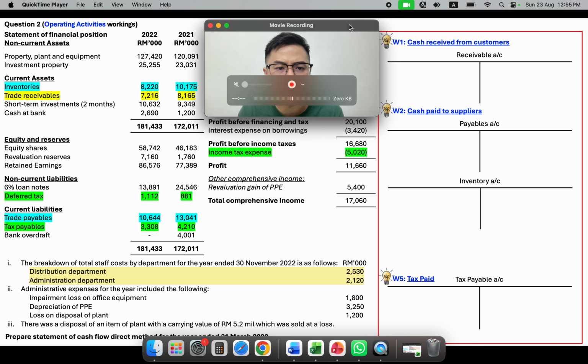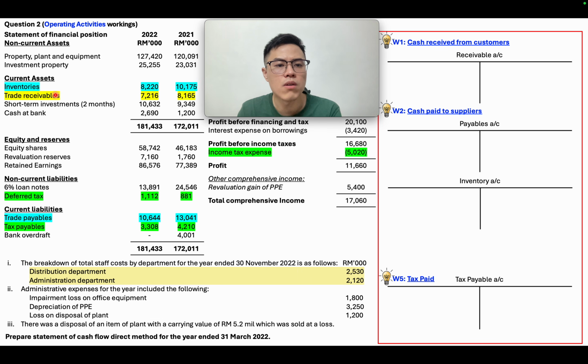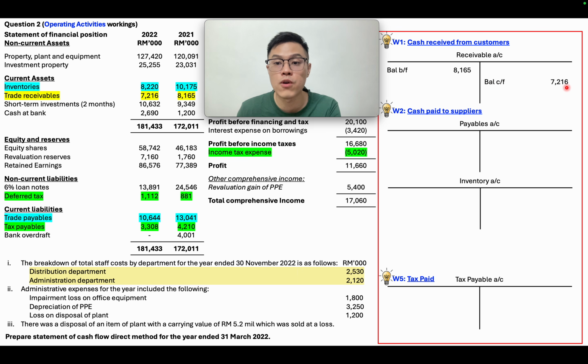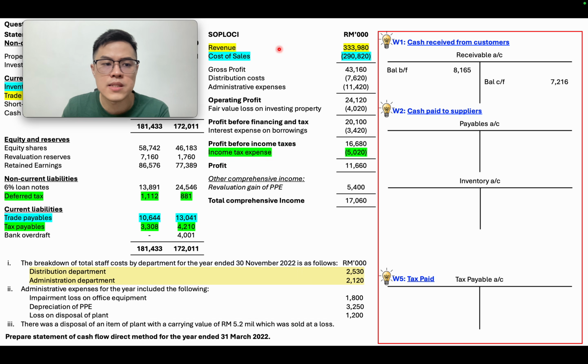So looking at your receivable, opening 8165 asset debit side, and your balance carry forward 7216 move forward will be in debit side as well. So this is your receivable, and in this year you have recorded your sales, which is 333980. You credit sales, you debit receivable. Therefore, you know that something is putting in here to reduce your receivable.